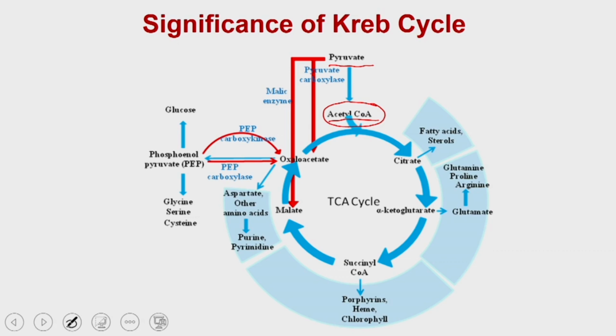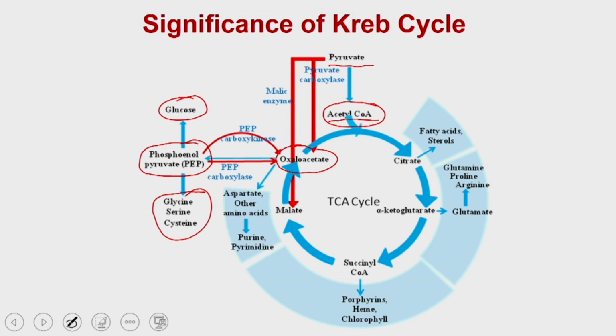And what you can see now is the oxaloacetate. Oxaloacetate is also channelized to phosphoenol pyruvate. The phosphoenol pyruvate can be converted back to glucose, and it also can be used to produce different types of amino acids. So, as you can see, the Krebs cycle is indirectly connected to the phosphoenol pyruvate or carbohydrate metabolism, as well as the amino acid biosynthesis pathway, with the help of oxaloacetate.